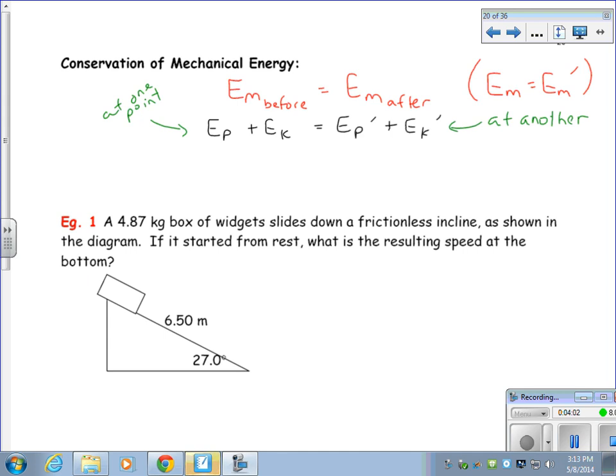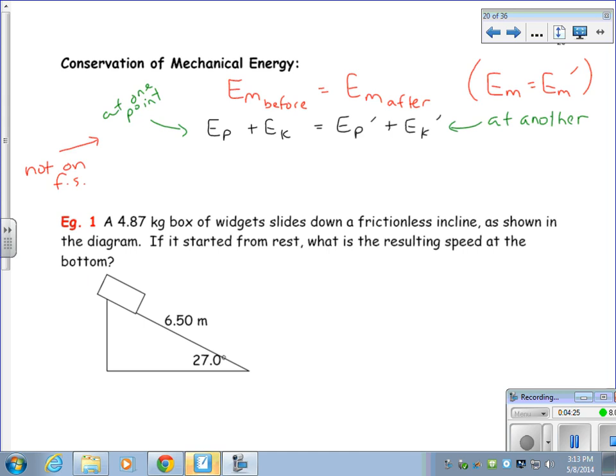That mechanical energy never changes. This is not on your formula sheet, okay, this relationship. You have to remember this. What you usually did in Science 10 was potential before equals kinetic after, and that hasn't changed too much, except that we might now have both potential and kinetic at any of the points through the system.